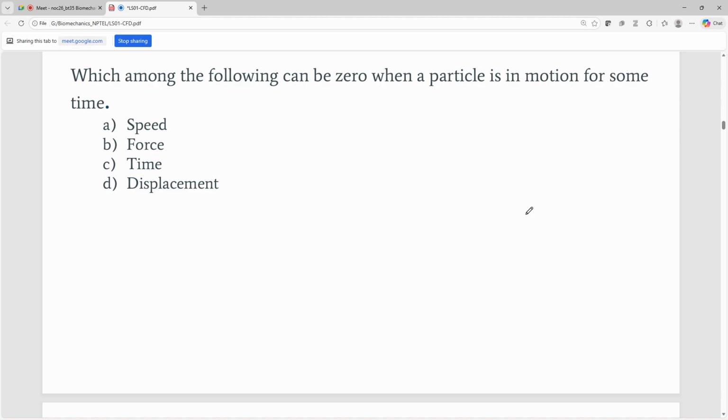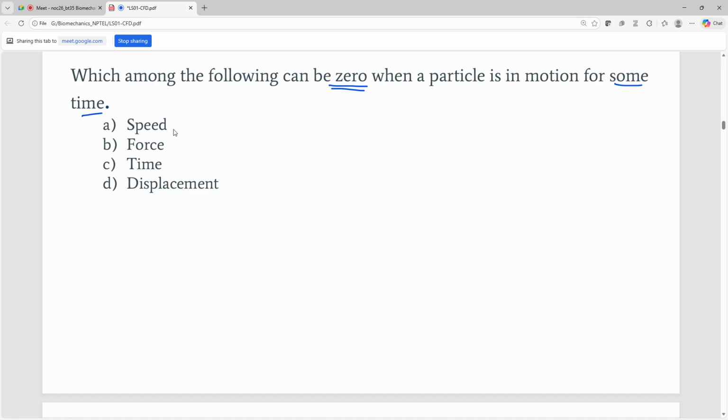Next question: which among the following can be zero when a particle is in motion for some time? Meaning, which of the following options can become zero when a particle is in motion for some time?